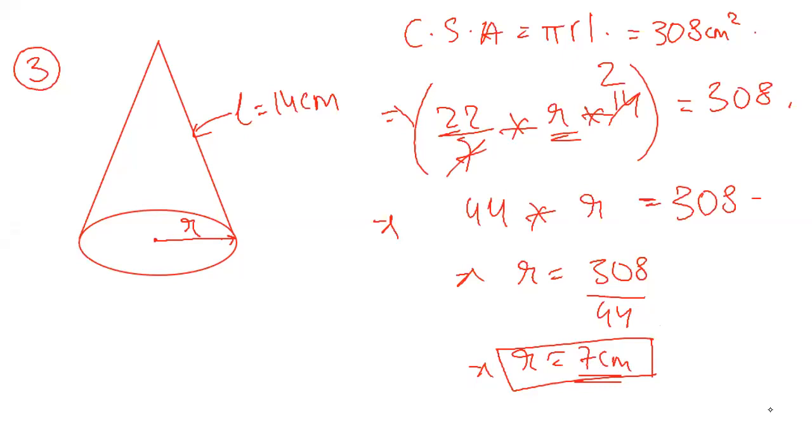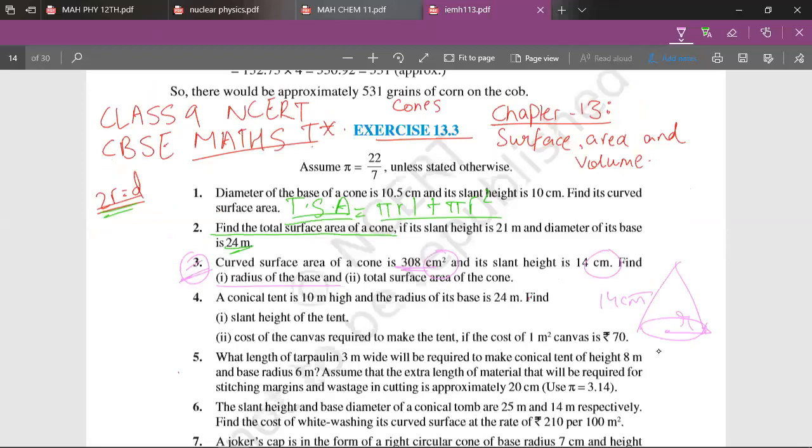If it was asking us to calculate total surface area or CSA, the unit would have been square, with a square at the top. But in this case, it only wanted us to find the radius, so that's why we took it as centimeters.